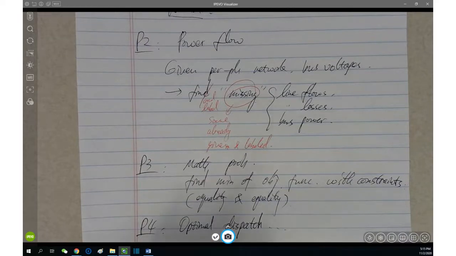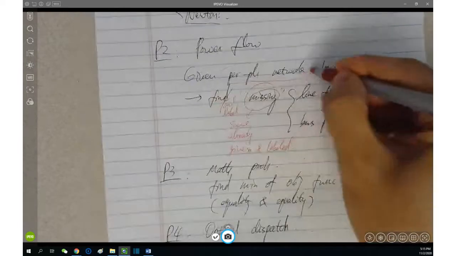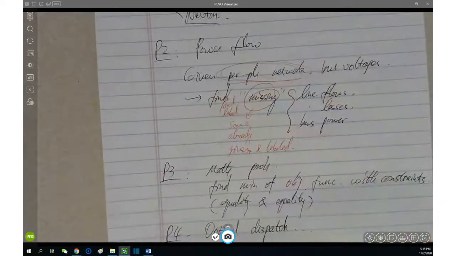Because the given power diagram, the per phase network, is on the computer screen, you need to repeat or redraw that network on your own paper. Yes, you have to. And this is going to cost you a little bit of time. Hopefully it won't be too long because the network won't be very complicated, 5 or 6 buses.